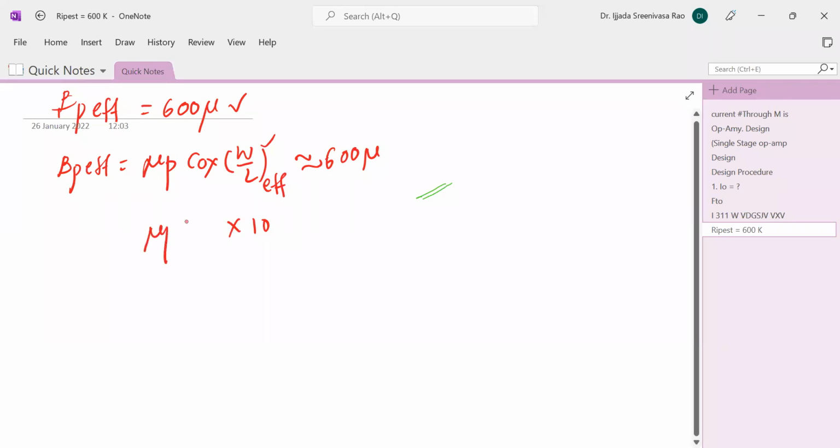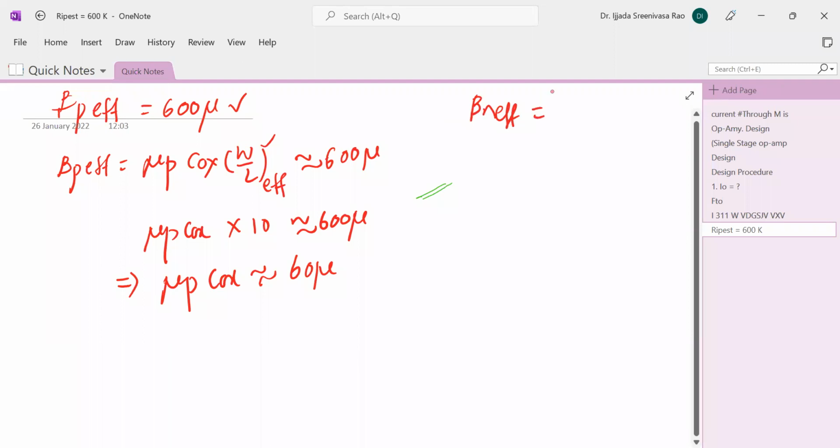Okay, so mu P COX into 10 is equal to 600 micro. So from this, how much do you get? Mu P COX value you got 60 micro. Similarly, from the simulation of the NMOS transistor, you will get the beta N effective value as 2.988 milli.